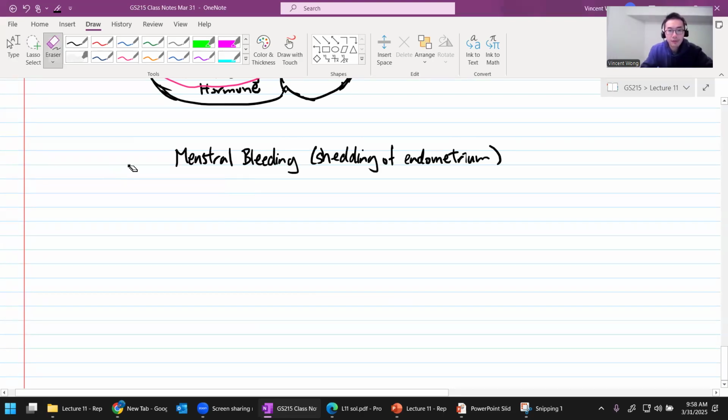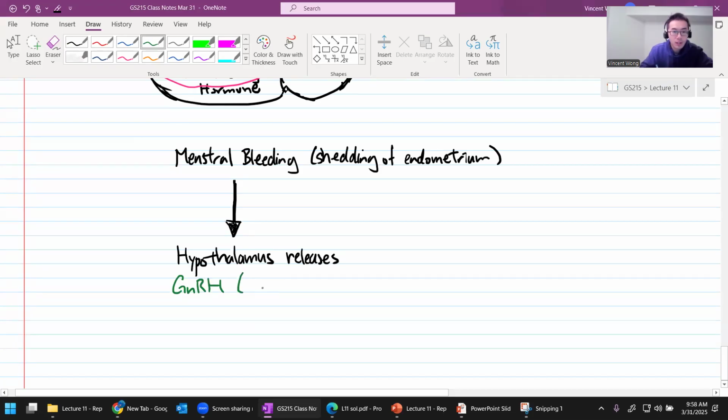So what happens is, following the shedding of the endometrium, the next event that will take place is that the hypothalamus releases GnRH, which I'll write in green, GnRH.